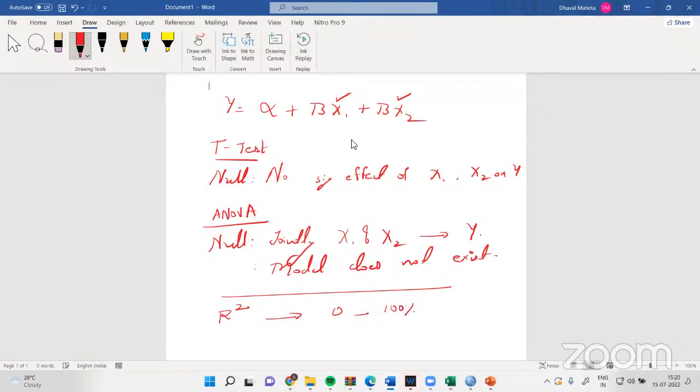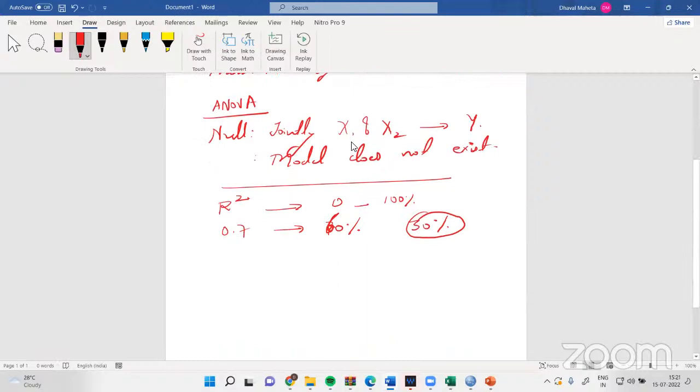Similarly, if the R square is 0.7, it means that the model has 70% explanatory power and 30% is error. 30% is the unexplained component because of some variables which we cannot consider here, and that is an error. So any model which has more than 60%, we can say that the model is reasonable.